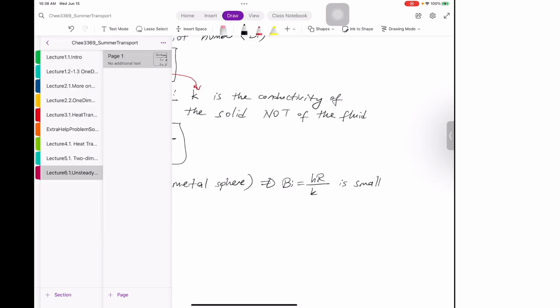It makes sense because for metals, the temperature inside is almost equal to the outside temperature, because conduction is so fast that the temperature equilibrates quickly, faster than the other heat transfer mechanisms like convection on the surface. But if you have a plastic or insulating material, it's not surprising that the center temperature is much different than the outer temperature.